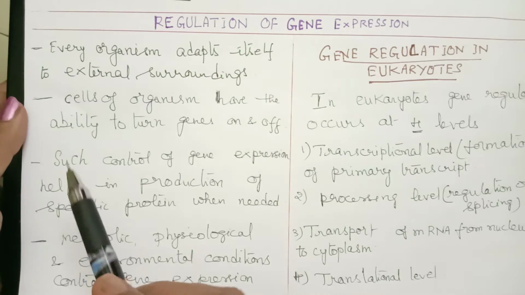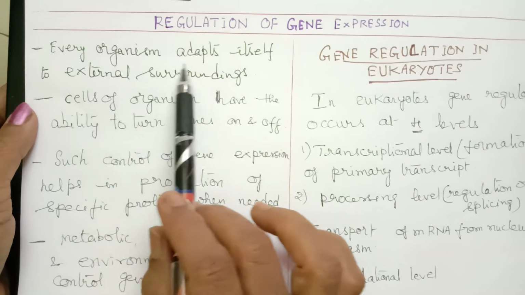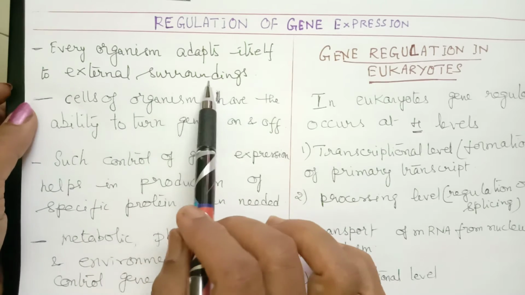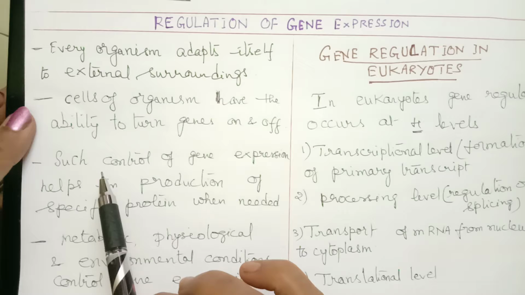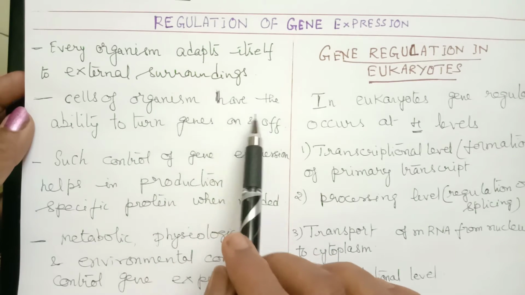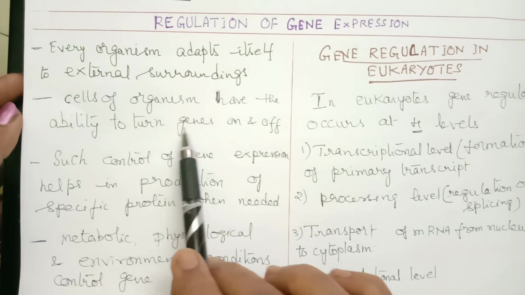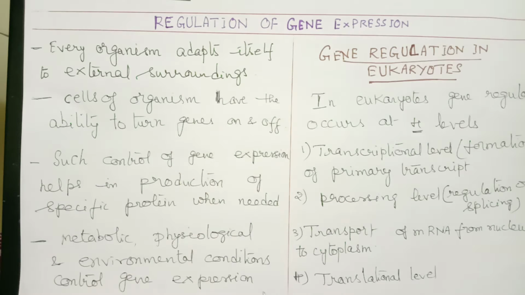So let us see some of the points. Every organism adapts itself to external surroundings. This is for every living organism. And cells of organisms have the ability to turn the genes on and off. So depending upon where they live, their external surroundings, the gene can be functional or it may not be functional.